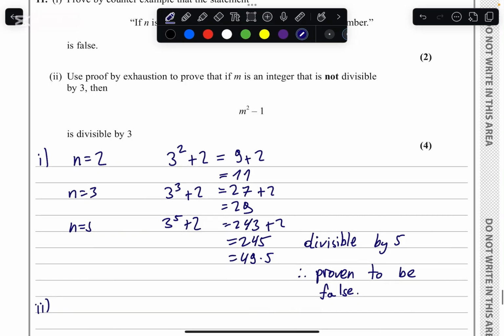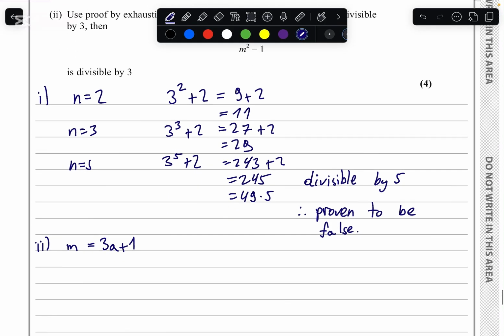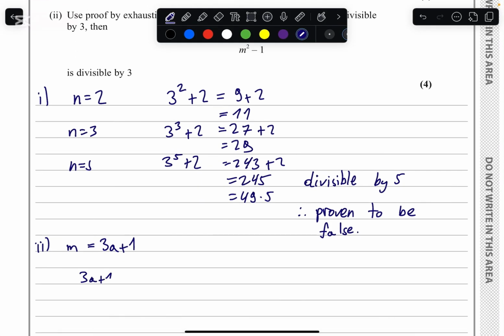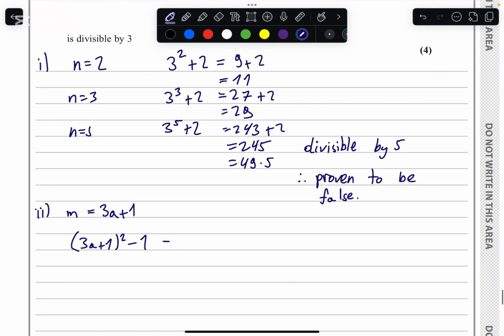So for m to not be divisible by 3, we could define it as 3a plus 1. Then if we put 3a plus 1 instead of m and expand, we get 9a squared plus 6a plus 1 minus 1.